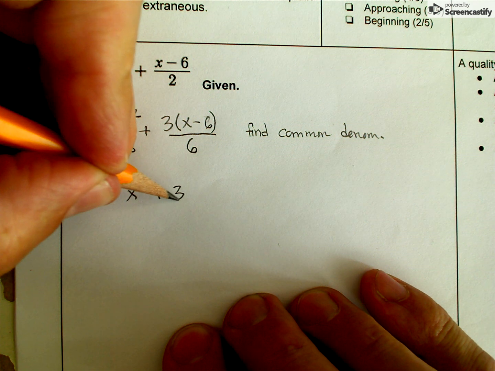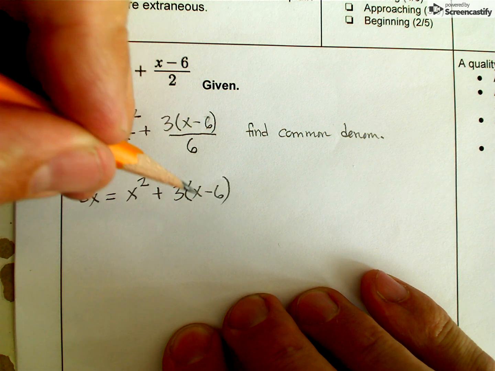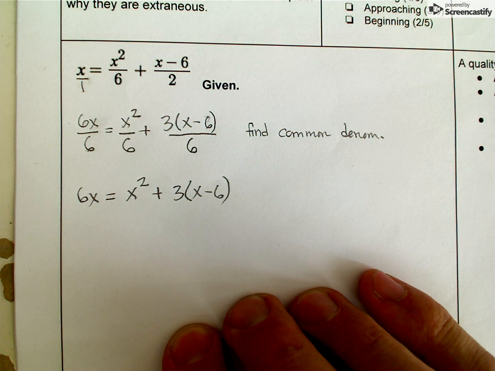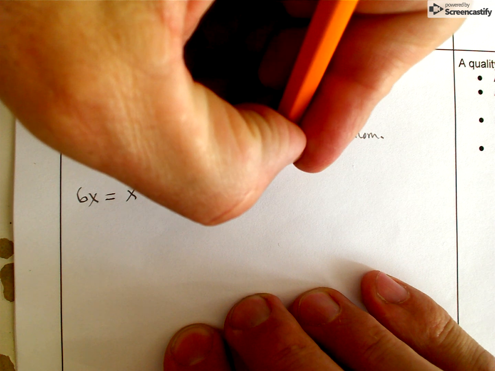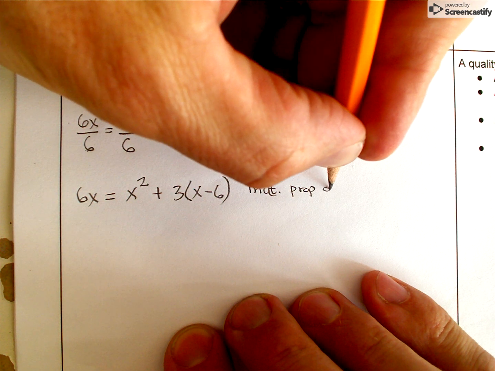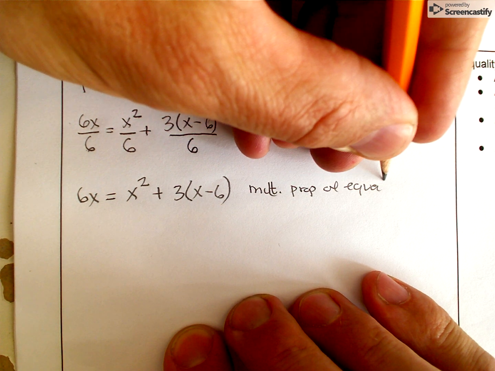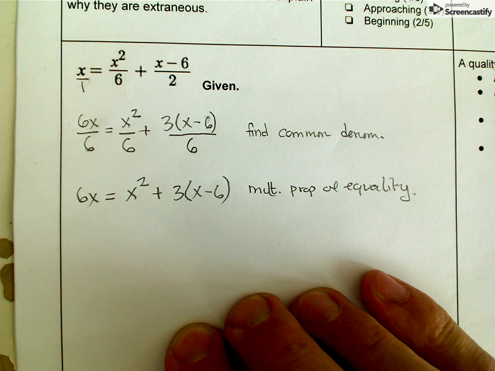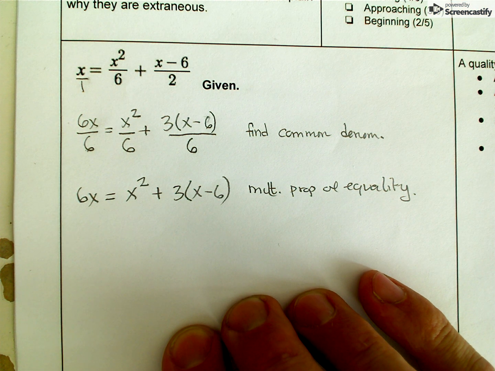And then, same thing for the final term. So really, I used the multiplicative property of equality here. I multiplied both sides of my equation by 6, and that just eliminated my denominator.